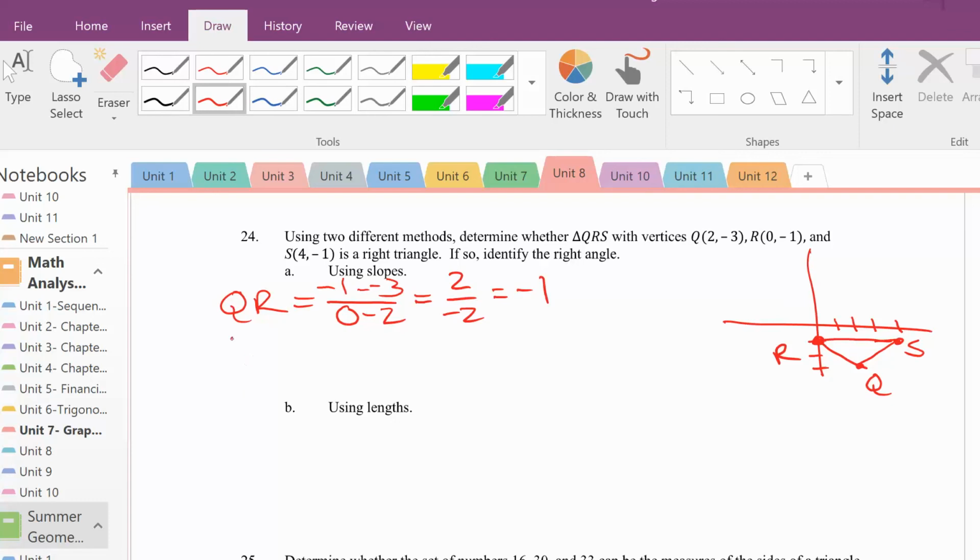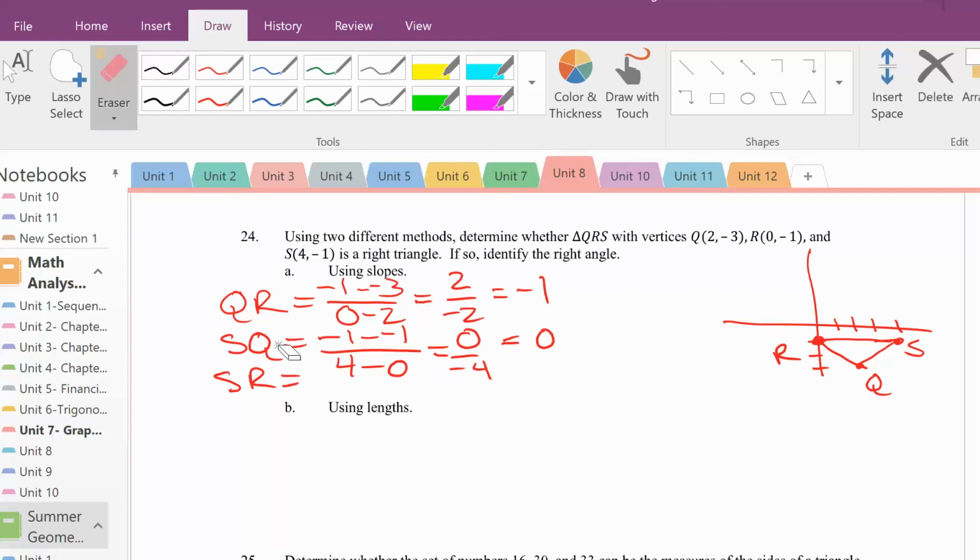Then we would want to find SR. So it's -1 minus -1 over 4 minus 0. So it's 0 over 4, which is 0. Then we want to find SQ.